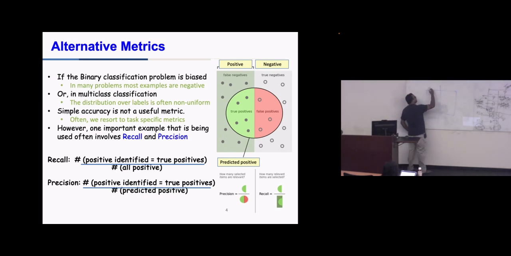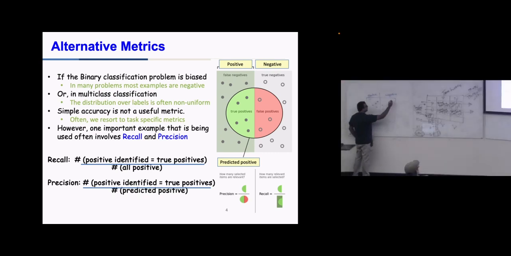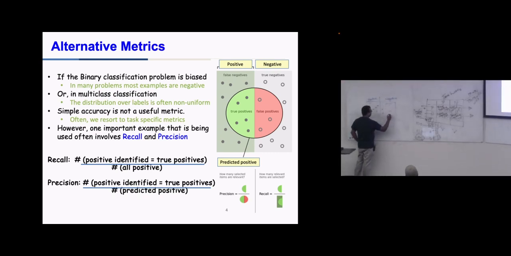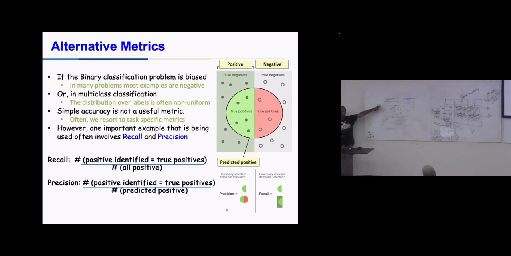These are all the positive examples, and these are all the negative examples. This is the truth. And let's say we observe some data like this. That's what our data set looks like.